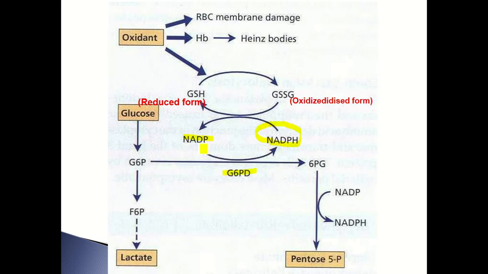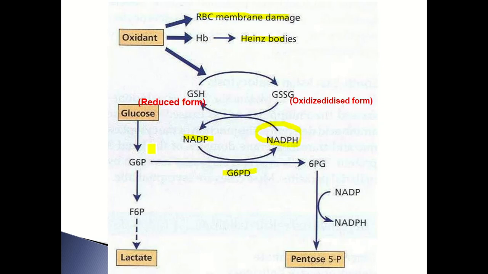So NADP doesn't convert to NADPH, and once there is a deficiency of NADPH, the oxidized form doesn't convert to the reduced form. So now oxidized glutathione produces oxidative damage in the form of Heinz bodies and RBC membrane damage, and that produces hemolysis. This is how G6PD deficiency produces hemolysis.